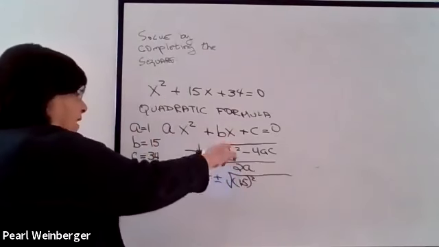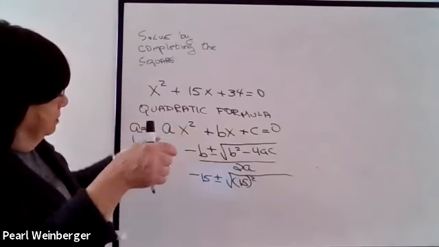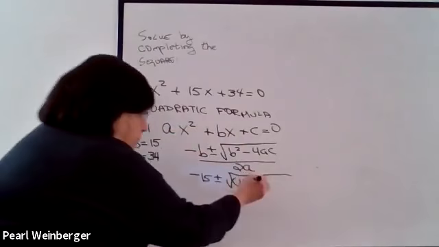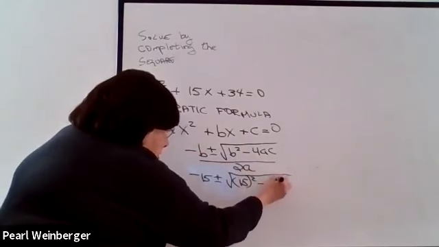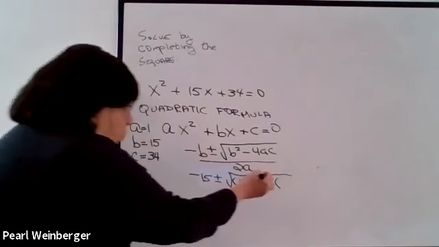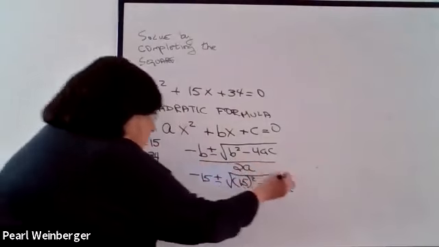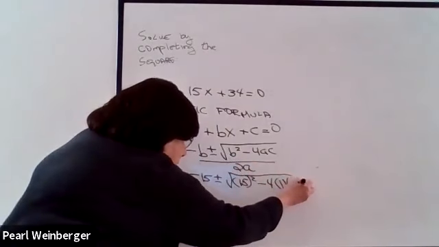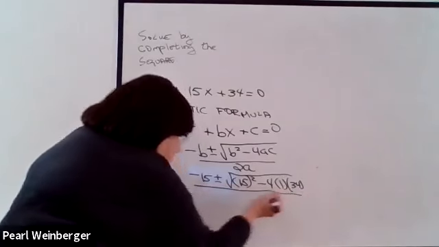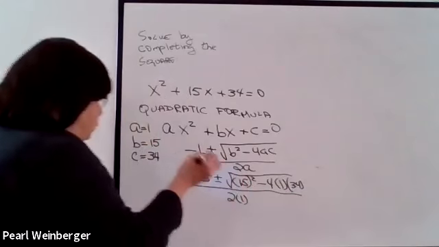Basically, I'm taking out the letters and replacing them with parentheses and filling them in with these numbers. Minus 4a, well, my a in this case is 1, times c, my c is 34. And the whole thing is over 2 times a, which in this case again is 1.